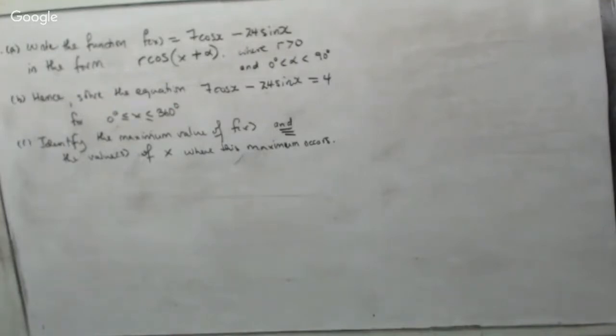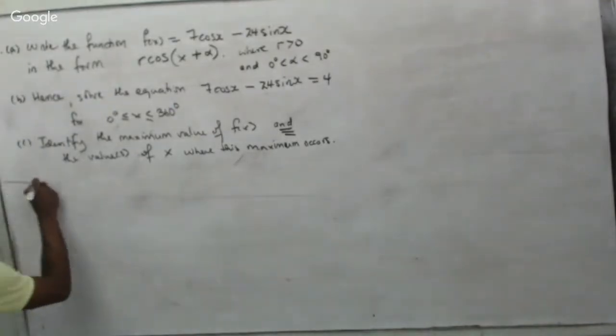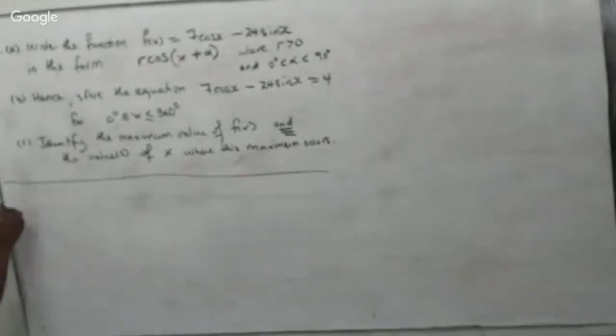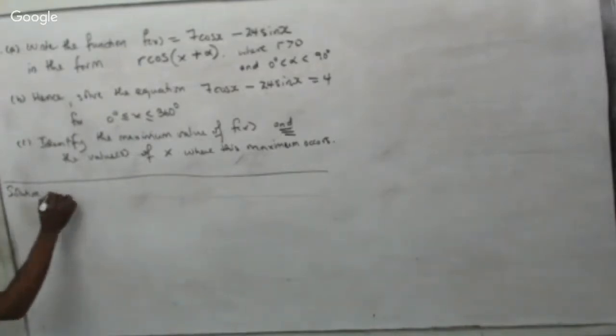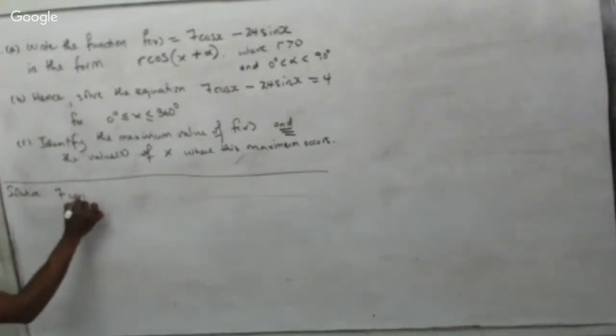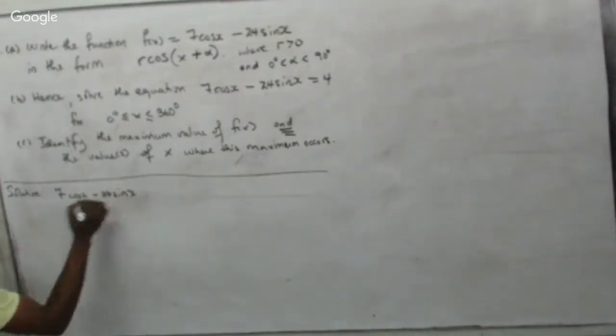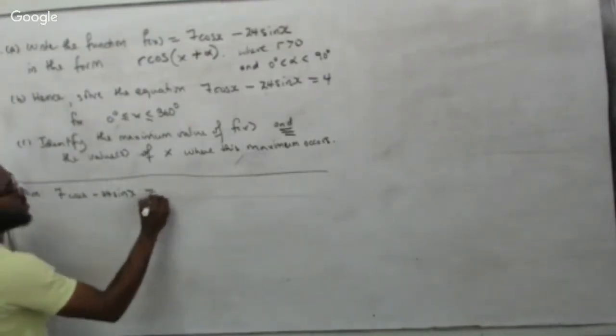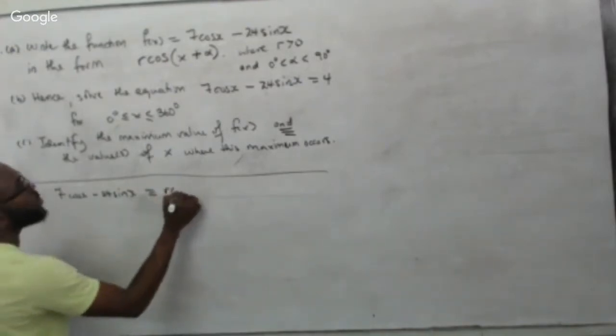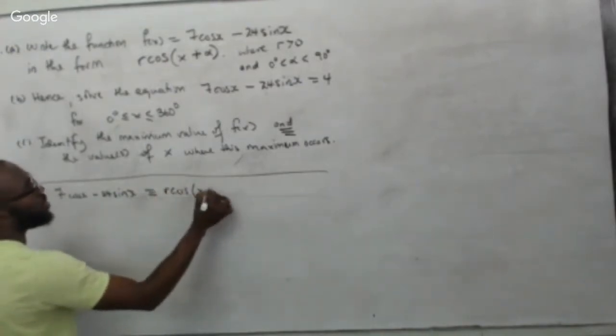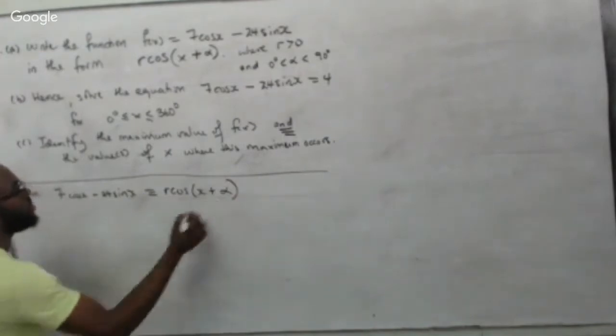Let us see how we really approach this question in the exam. First thing would be to set 7 cosine x minus 24 sine x, that is f of x, to be equal to R cosine of x plus alpha.